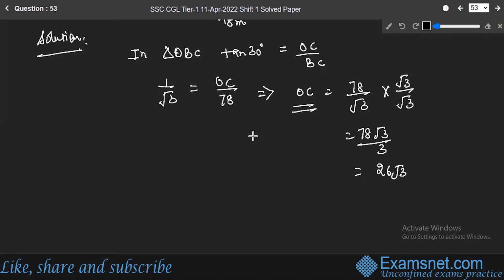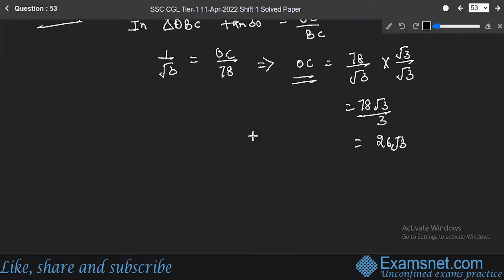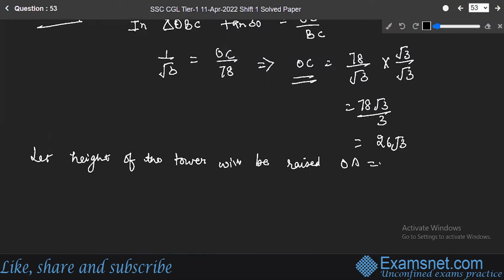Now, let the height by which the tower is raised, OA, be equal to X. This OA, I'm assuming as X. Let the height of the tower raised OA be X meters. Sorry, it's meters in the question.